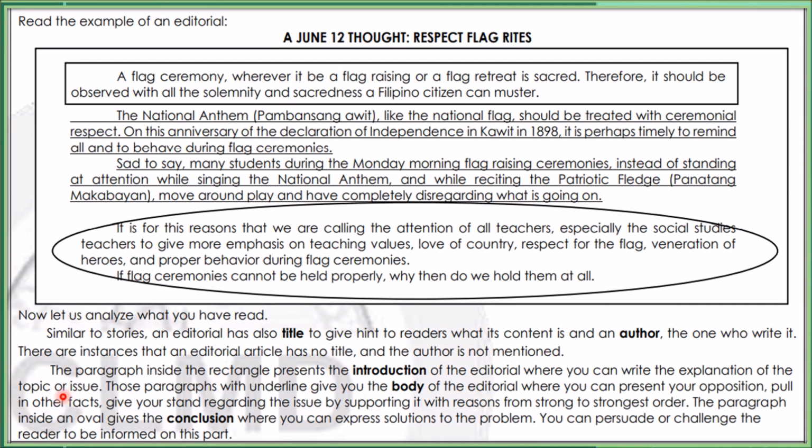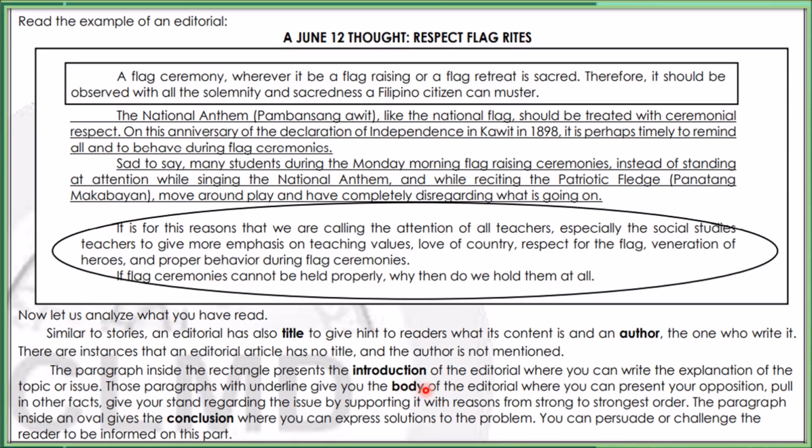Ulitin ko ha. The paragraph inside the rectangle. Where's the rectangle? This one, okay? The paragraph inside the rectangle presents the introduction of the editorial where you can write the explanation of the topic or issue. Those paragraphs with underline give you the body. Okay, so nakita nyo naman may underline, no?